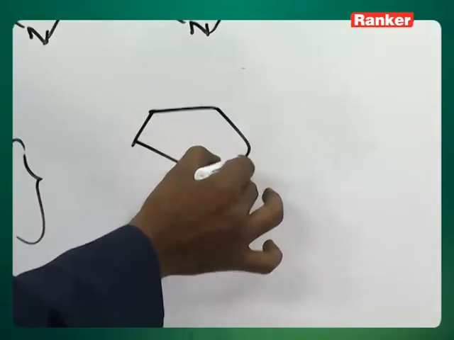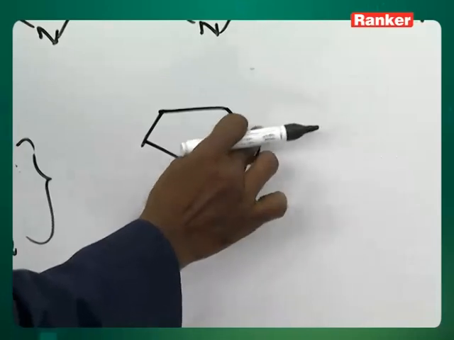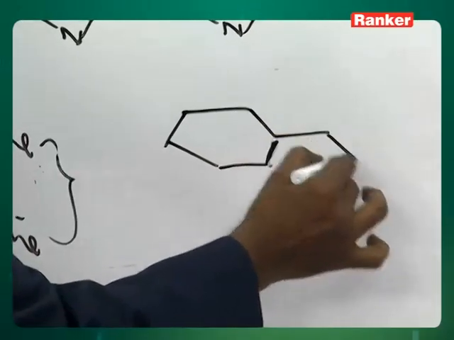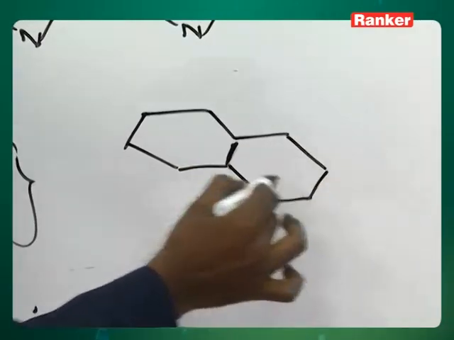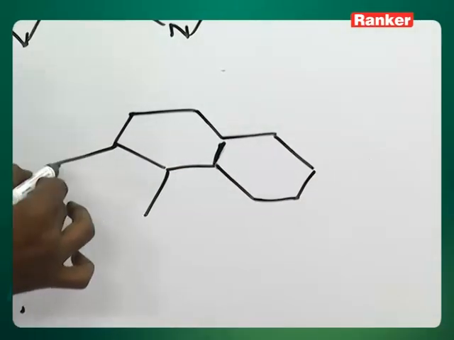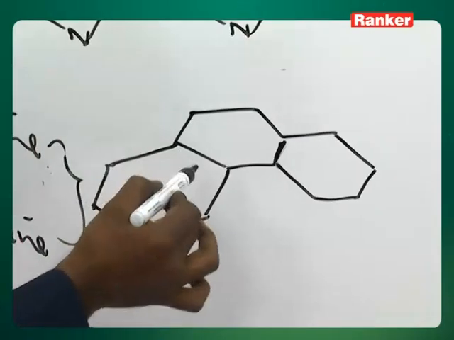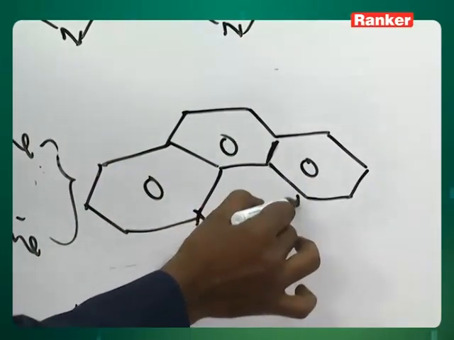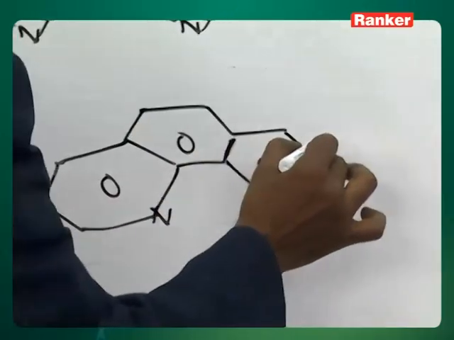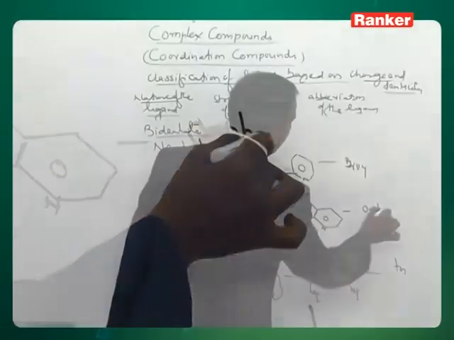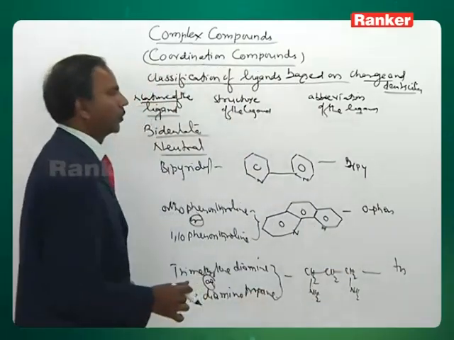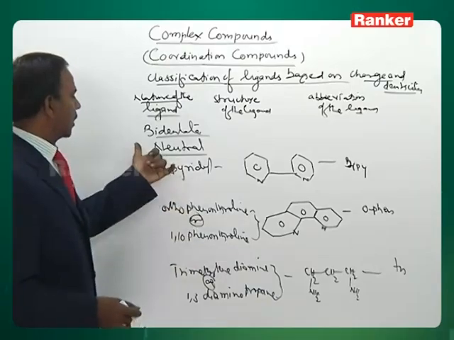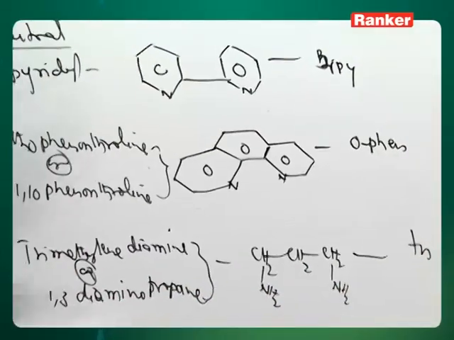See the structure of this particular ligand, orthophenanthroline or 1,10-phenanthroline. It is generally represented as OPhen. These are some of the bidentate neutral ligands.